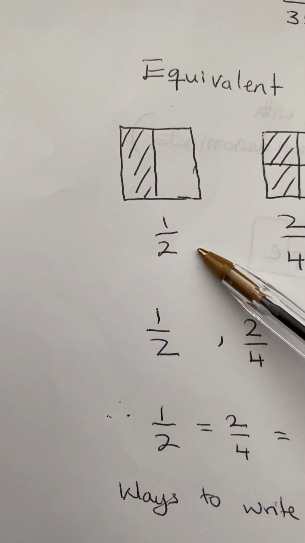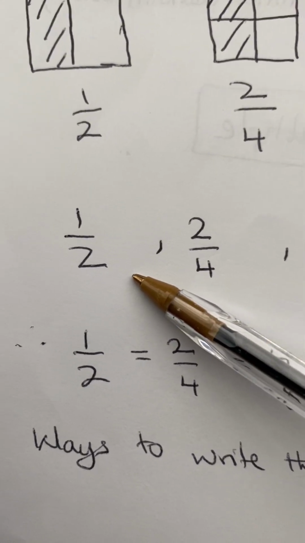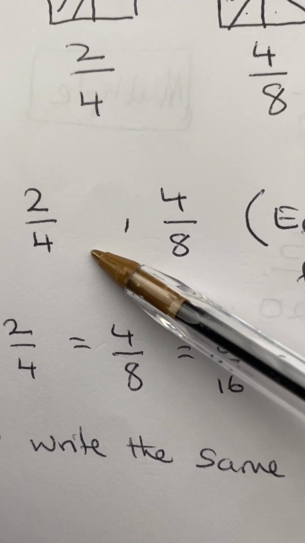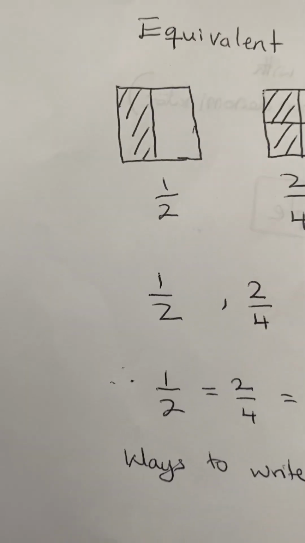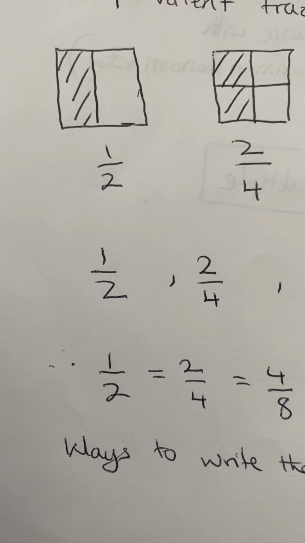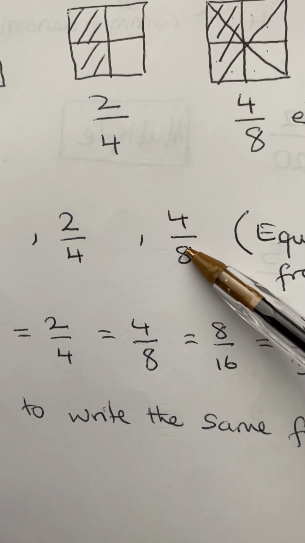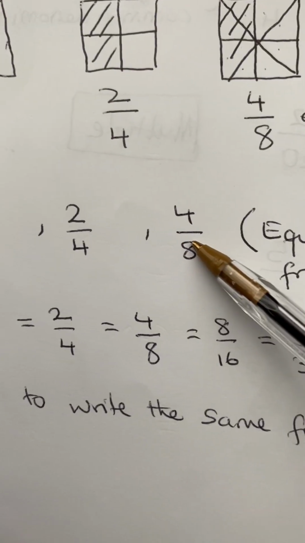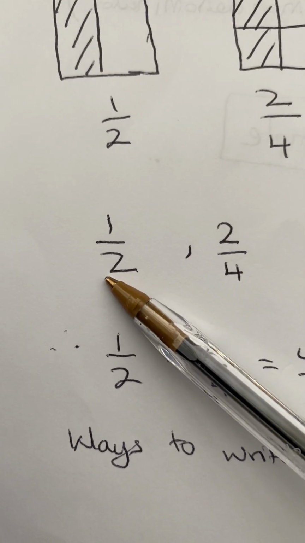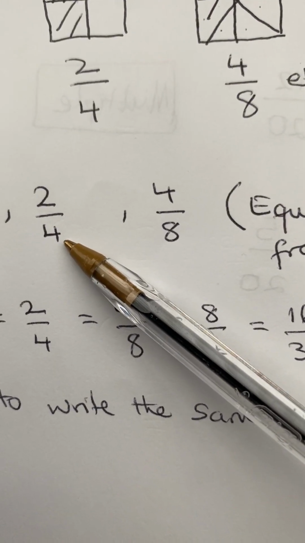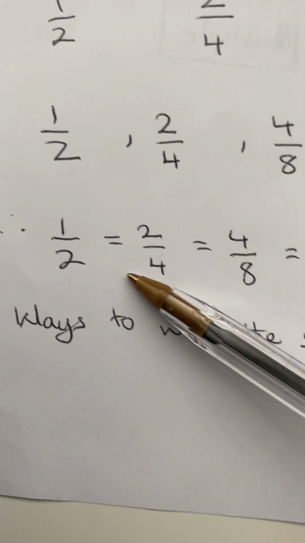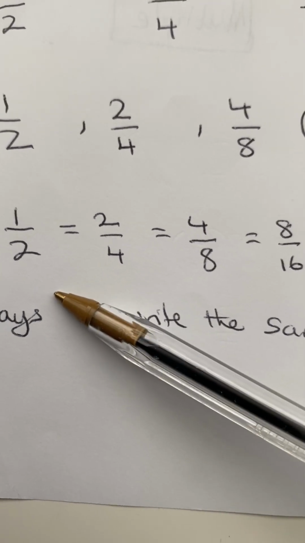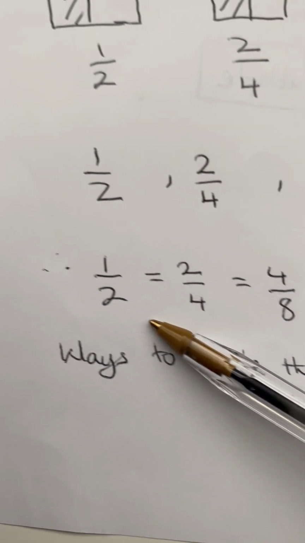Now let's look at the fractions. Half, 2 out of 4, 4 out of 8. You can see that they are all multiples of 2. So if I reduce 4 out of 8 to the simplest form, I'll get half. 2 out of 4 in the simplest form, I'll get half. So look at the equivalent fractions I've listed here for you.